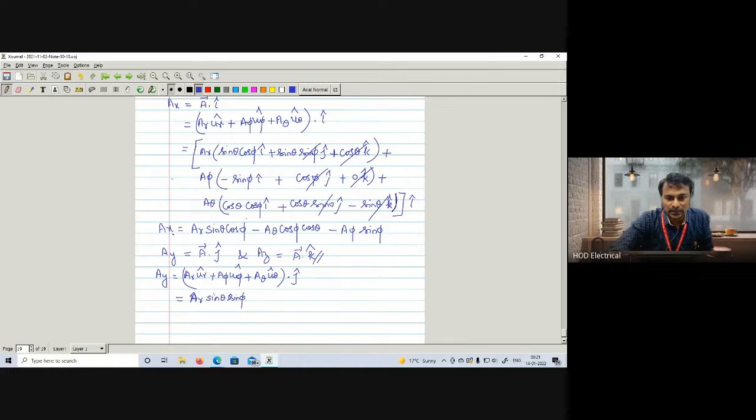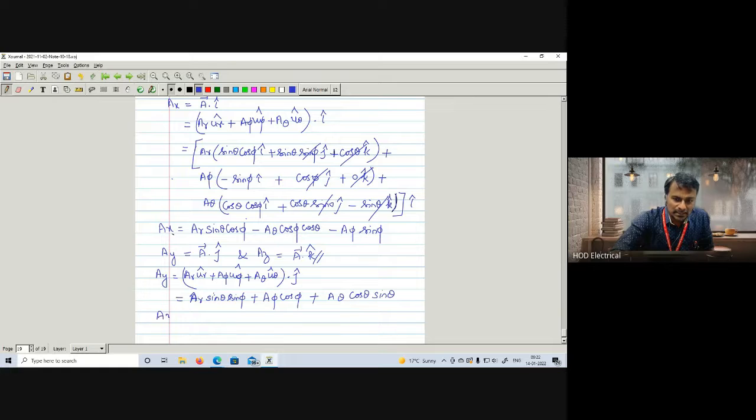If you write it, plus A phi into cos phi, this component only. Then A theta into cos theta into sine theta.